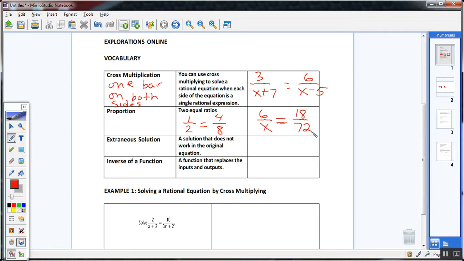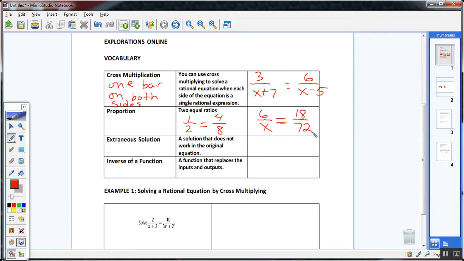But when I took some of those answers and plugged them back into the original equation, they made the statement what type of a statement? False. So any solution that you get by rules of algebra that ends up false after you substitute back into the original, those are considered what kinds of solutions, kids? Extraneous, and we'll talk about them. They're solutions that do not work in the original equation. It's as simple as that.